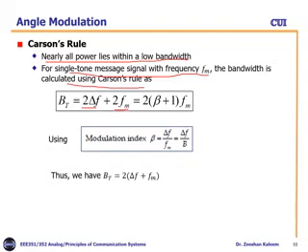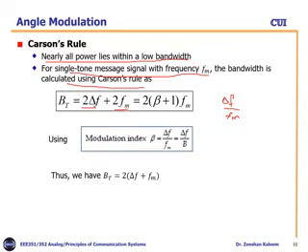You can easily prove how 2 delta F plus 2 FM becomes 2 beta plus 1 times FM. If you take FM common, you need to divide by FM here. You know that delta F over FM is equal to beta, right?